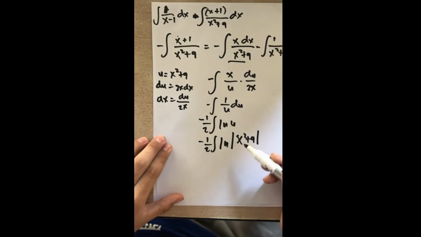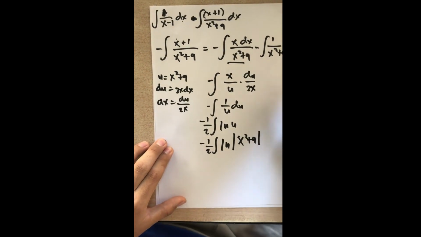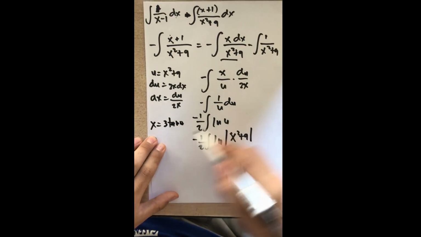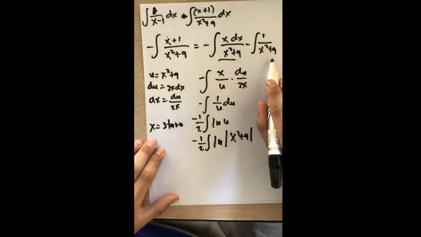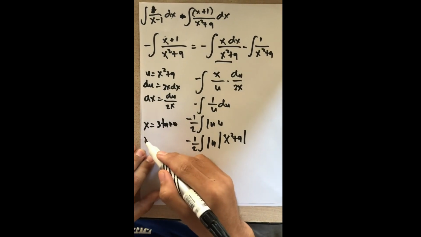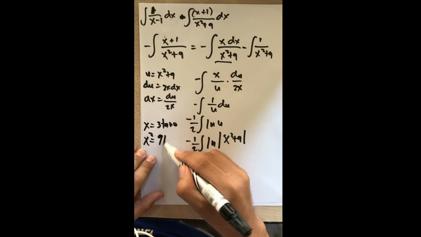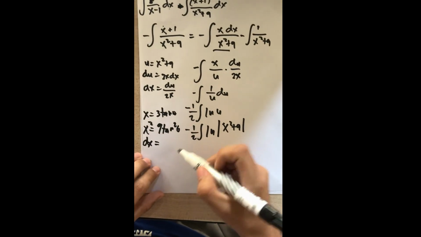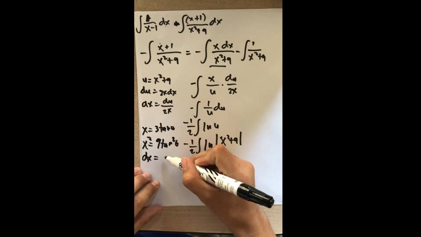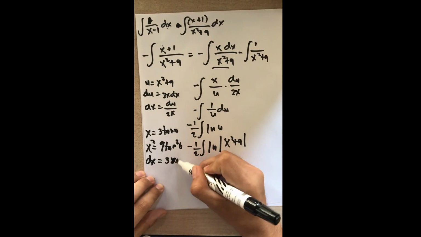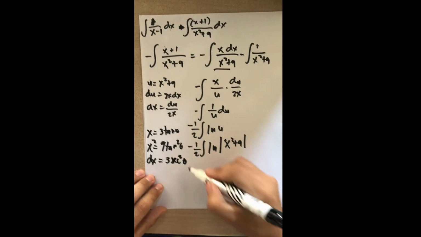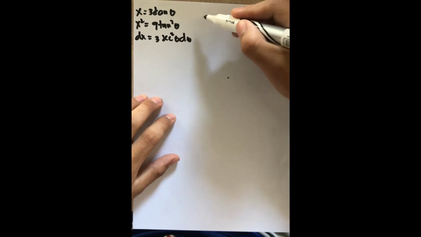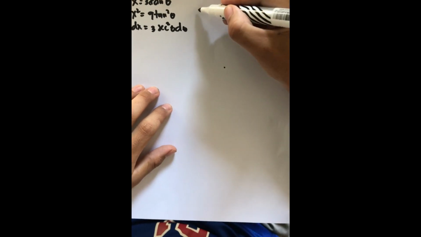So next is the 1 over x squared plus 9. We are going to use trigonometric substitution. x is equal to 3 tangent theta, since a squared is equal to 9, therefore a is equal to 3. x squared is equal to 9 tangent squared theta, and the derivative of tangent is secant squared.